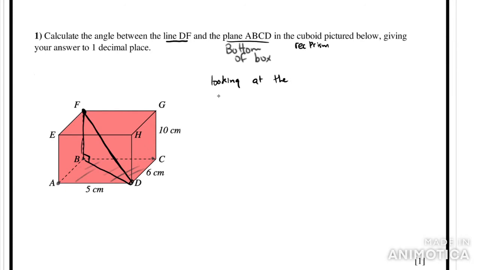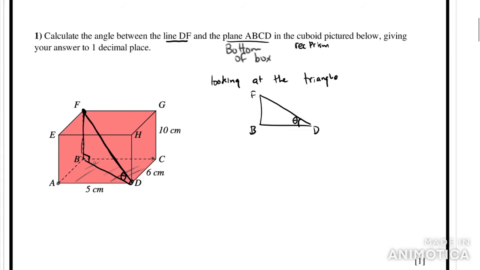So I am looking at the triangle F, B, and D. The issue with this is I currently am looking for this angle here. I'll call it theta. The reason why I know I'm looking for it is because both B and D are on the bottom side of this box.